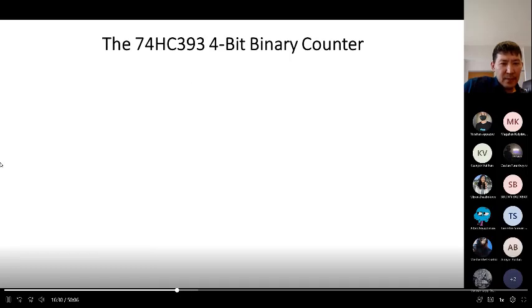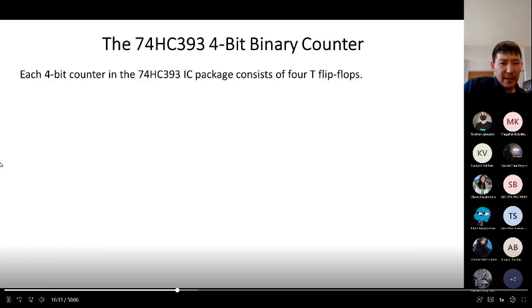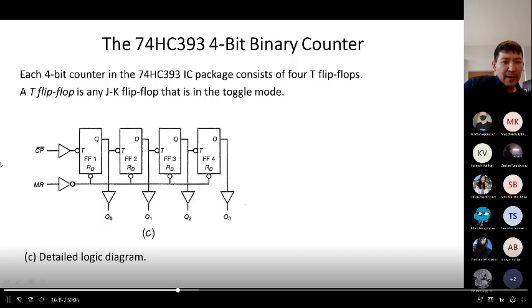So if we're still considering this one, if we look inside of this 4-bit counter, you can see that it consists of 1, 2, 3, 4 T flip-flops. What is a T flip-flop? Actually, a T flip-flop is a JK flip-flop in toggle mode.